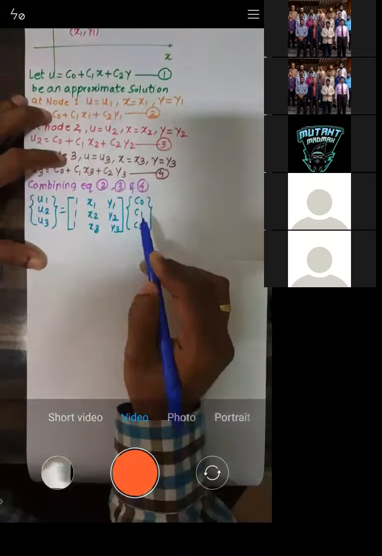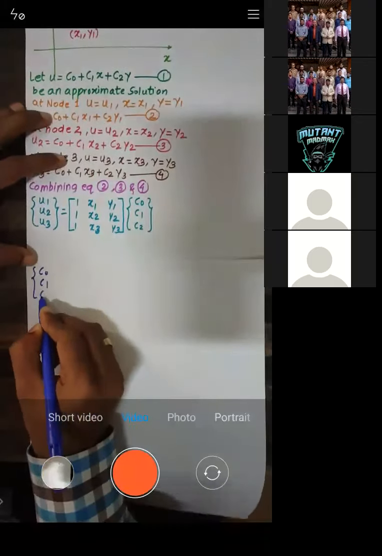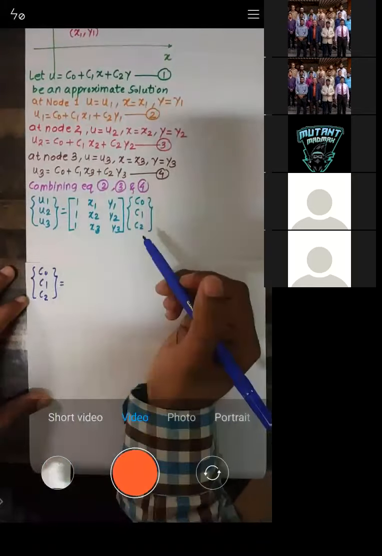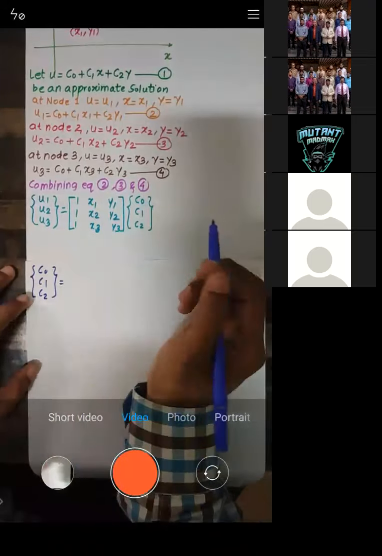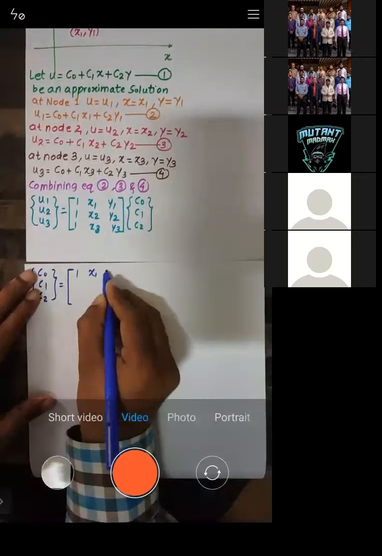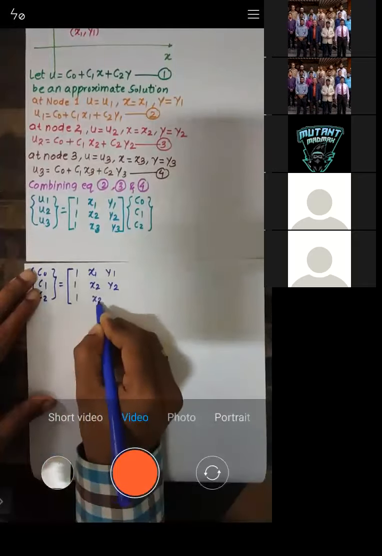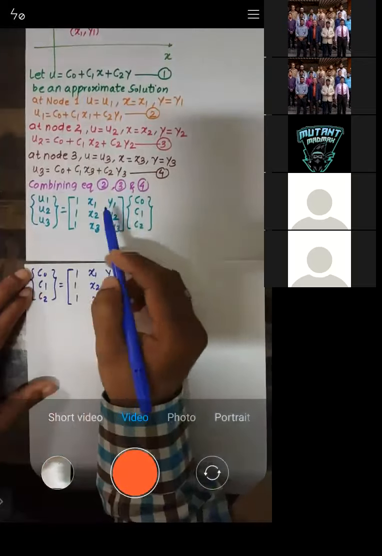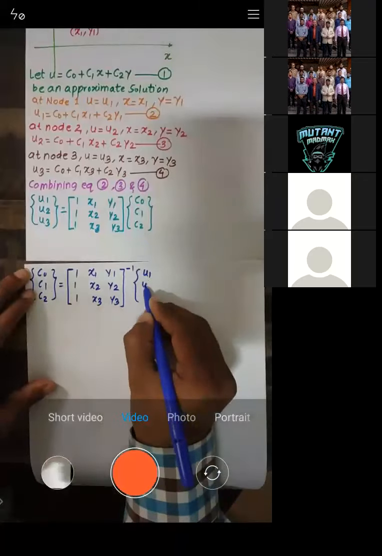So C0, C1, and C2 are given by, when you bring this matrix to this side, it becomes an inverse: 1 x1 y1, 1 x2 y2, 1 x3 y3, inverse, into u1, u2, and u3.